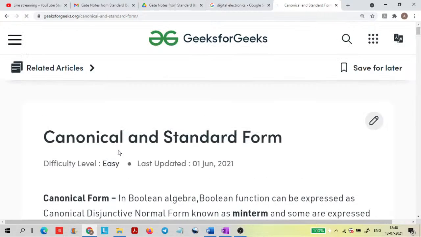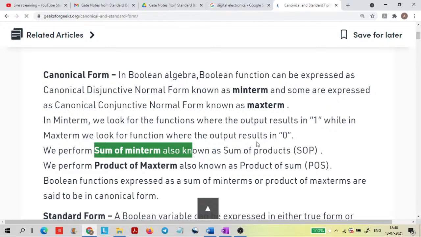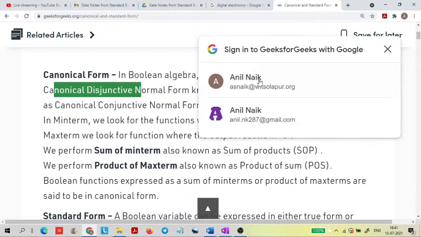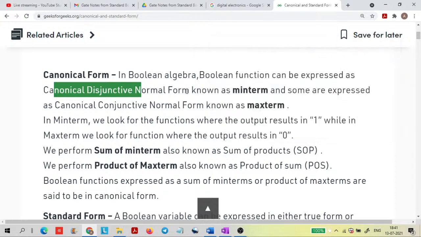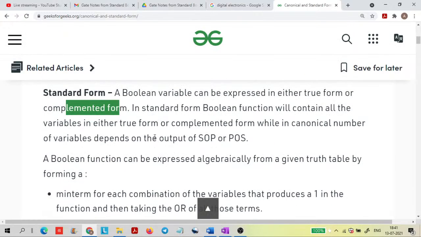In canonical form, the min term and max term, we perform the sum of min terms, that is sum of products, and product of sums. In Boolean algebra, a Boolean function can be expressed in canonical normal form known as min term and max term. In standard forms, the Boolean variable can be expressed in either true form or complemented form.